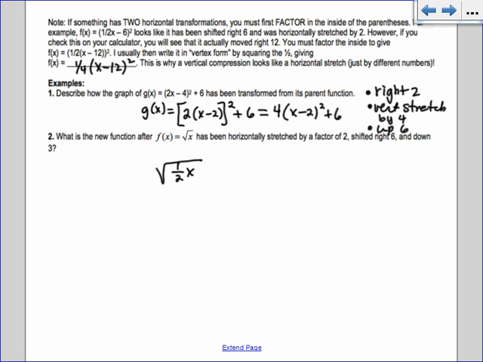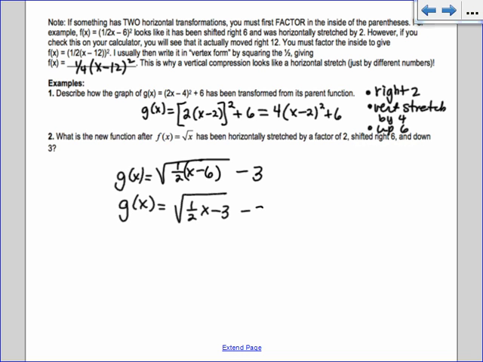Then it's going to be shifted right 6, so I want to put in parentheses x minus 6. And then all of it's down 3. So it's going to look like that. I'll call this g of x for the new function. So I would write it as the square root of (1/2 x minus 3), and then minus 3 on the end.